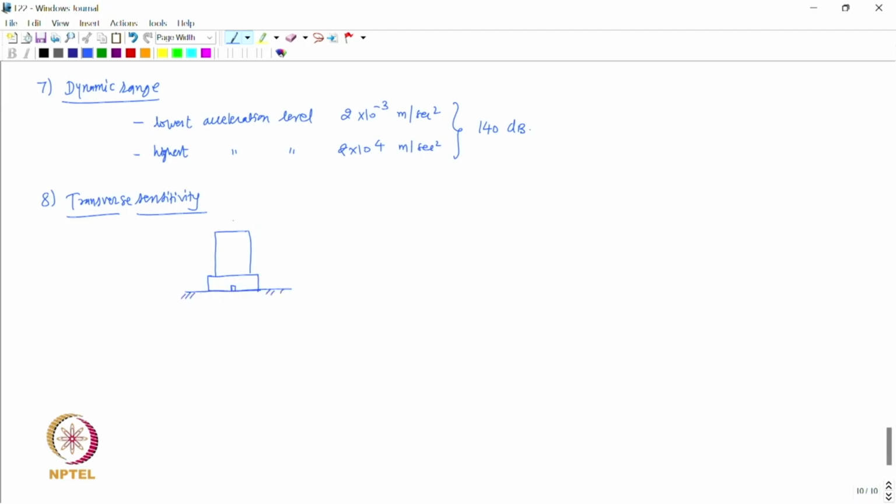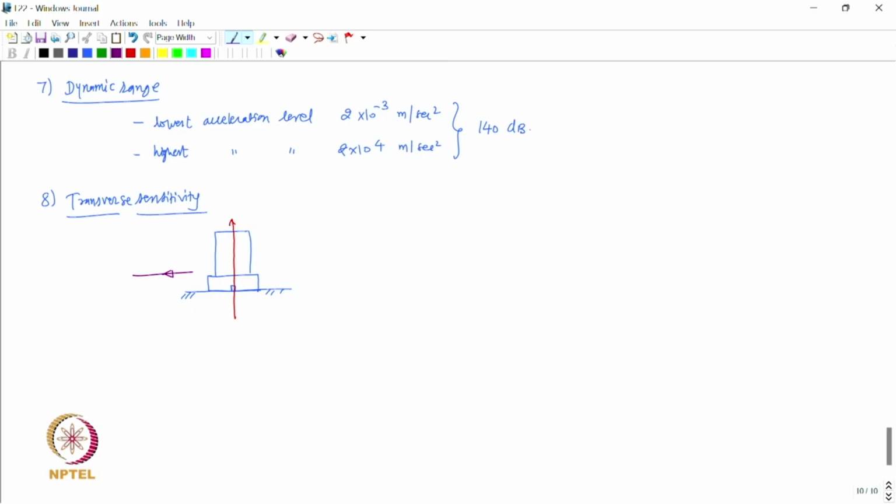So, this is the main axis of the accelerometer. But if there is also a vibration perpendicular to this, then the piezoelectric crystal generates some charge due to this acceleration also, and that is referred to as the transverse sensitivity.